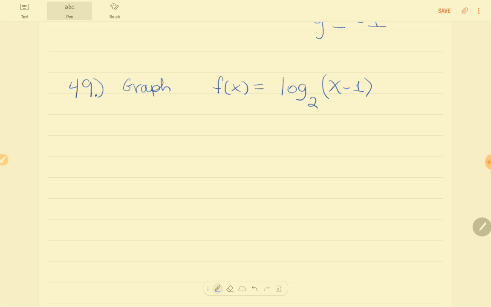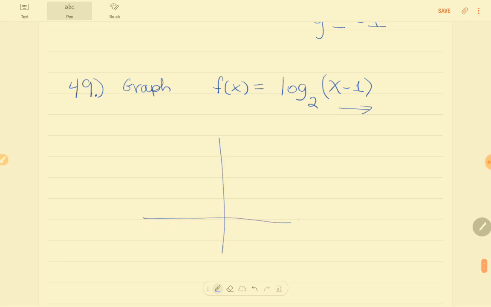Remember, when you have something being added or subtracted on the input, it moves it left or right, and it moves the opposite of the direction you might think for the horizontal, so it's going to go to the right 1 unit.